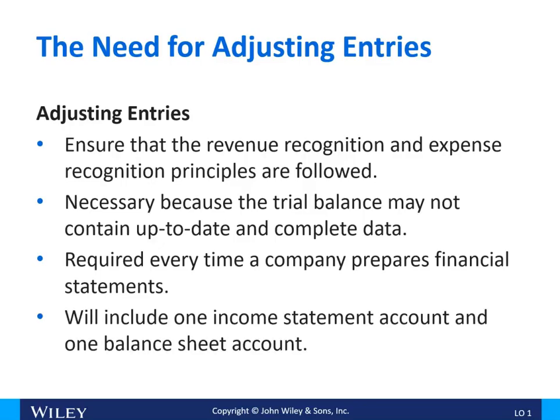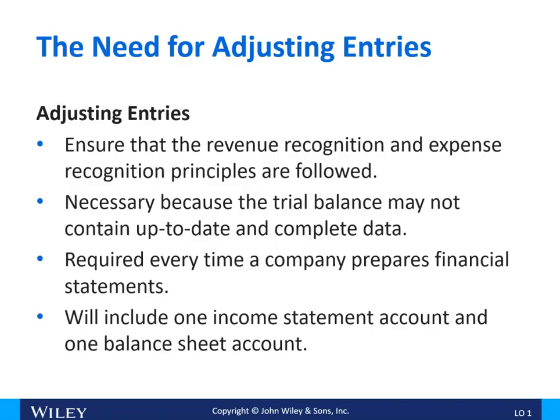And here's a key for adjusting entries as you're learning, doing examples, and doing your homework and on the exams and quizzes. An adjusting entry will include one income statement account and one balance sheet account. So if you come up with an entry and you think it should include 2 balance sheet accounts or 2 income statement accounts, it's probably either not an adjusting entry, or you've done something incorrect.